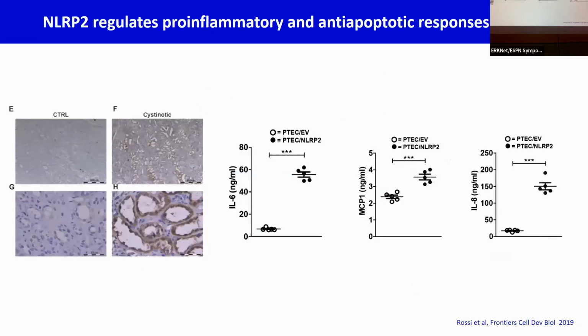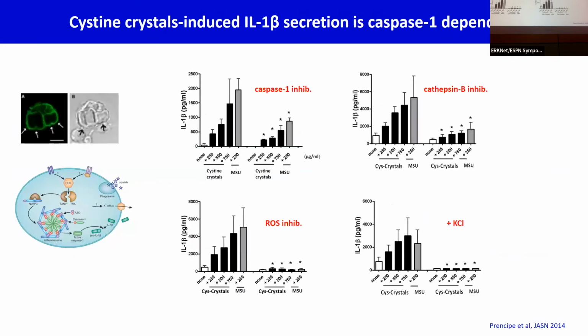Just very briefly, you see NLRP2 upregulated in cystinosis proximal tubular cells. It's a human biopsy, and you see here this increased production of IL-6, MCP-1, and IL-8. And you see here these crystals that, when incubated with cystinotic cells and with proximal tubular cells, in fact produce IL-1 beta.